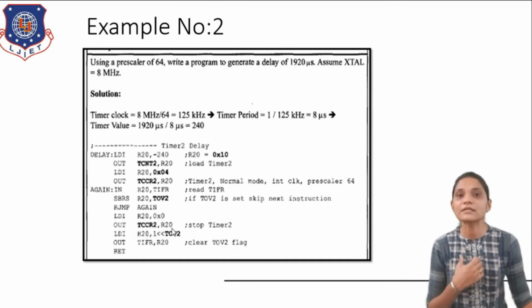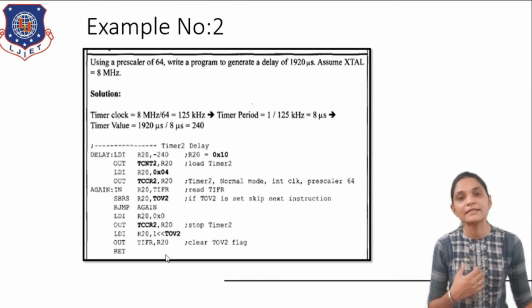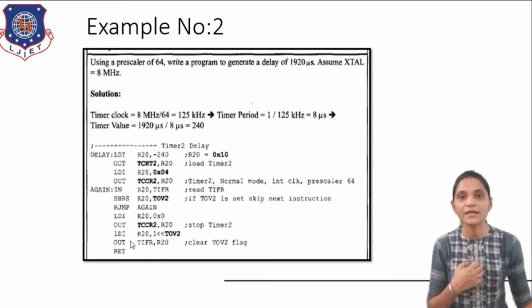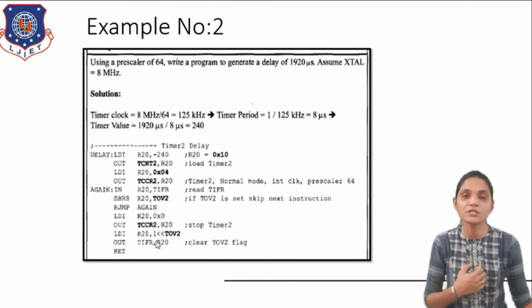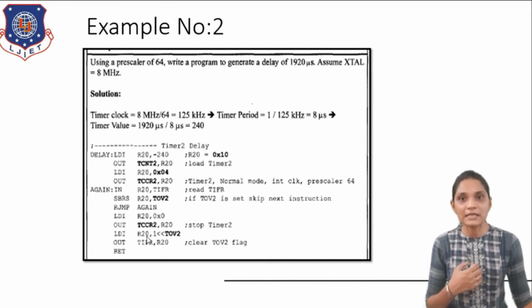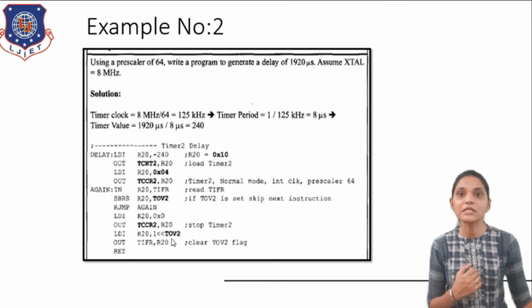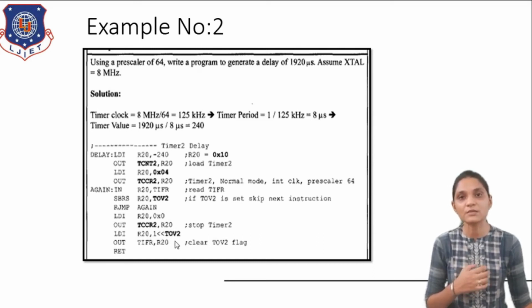It will stop timer 2, and then we have to clear that flag also, and by using this instruction that we have used in the previous case, that is LDI R20, 1 shifted left by TOV2. It will shift this 1 TOV2 times, that is the position of the timer overflow flag TOV2.